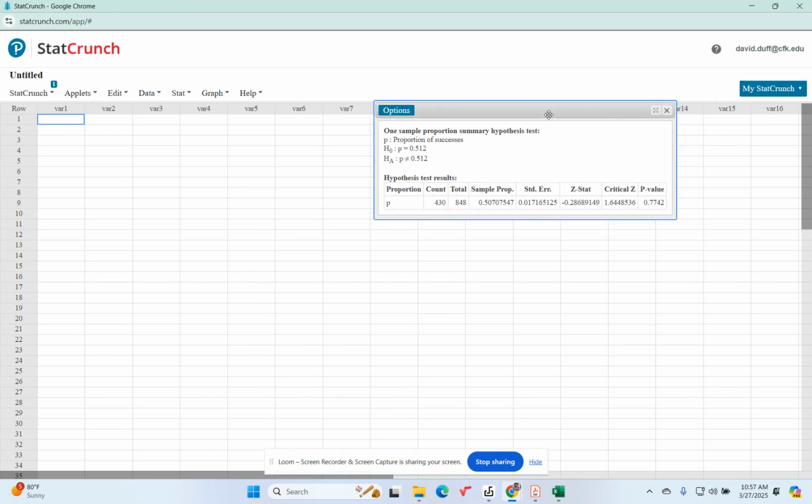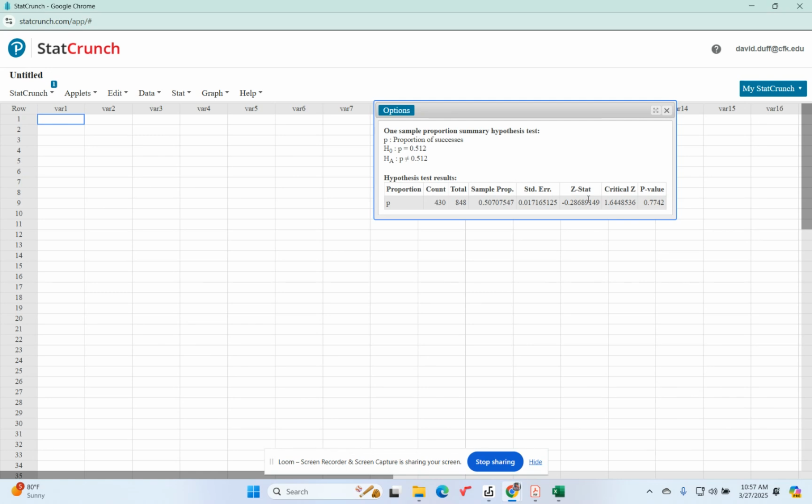And here's my output. So from this output, I have my population proportion is what we're testing. I have a count of 430 out of a total of 848. Sample proportion is 0.507. There's our standard error.